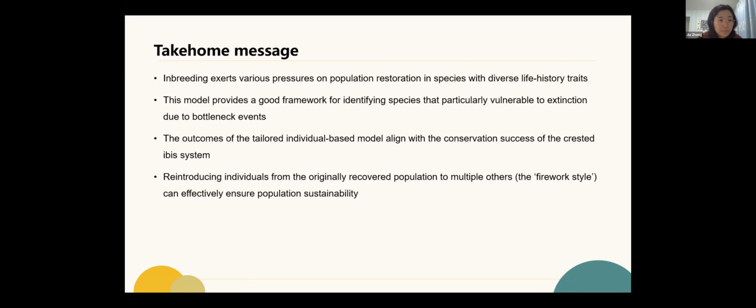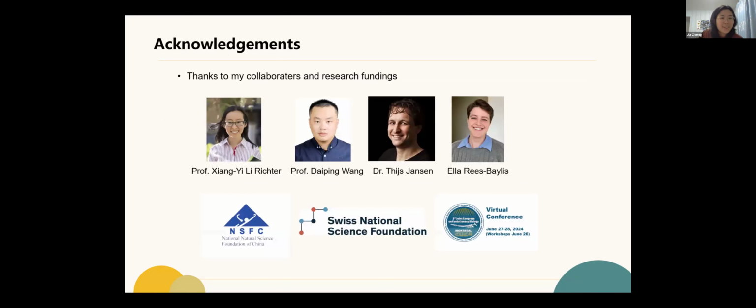And lastly, reintroducing individuals from the originally recovered population to multiple others, which is the firework style, can effectively ensure population sustainability.